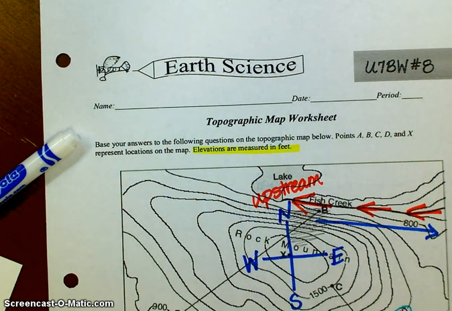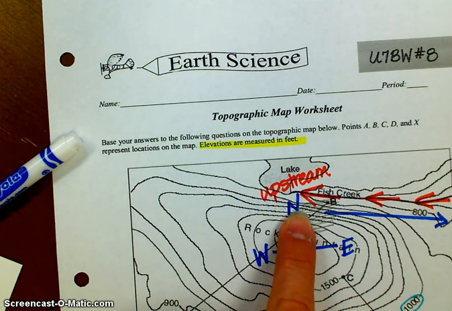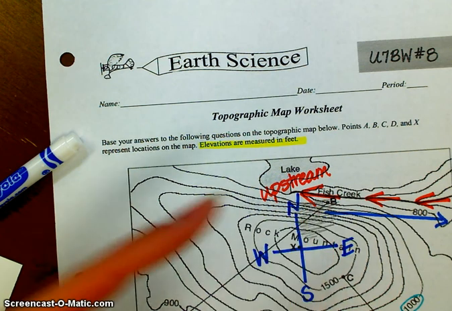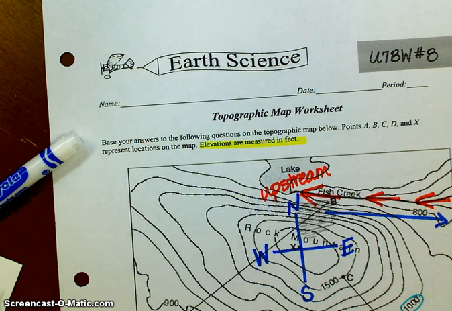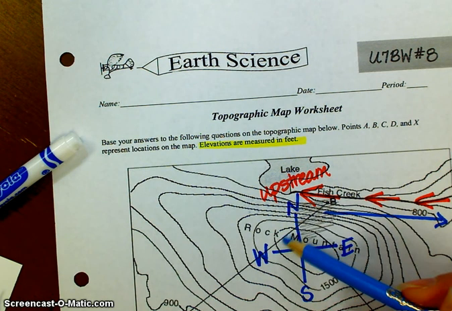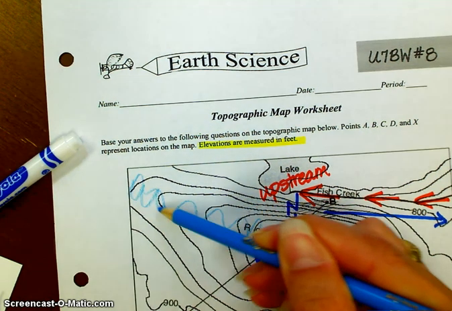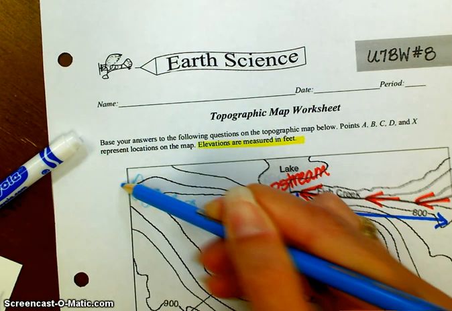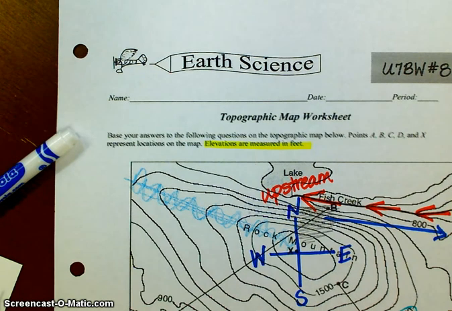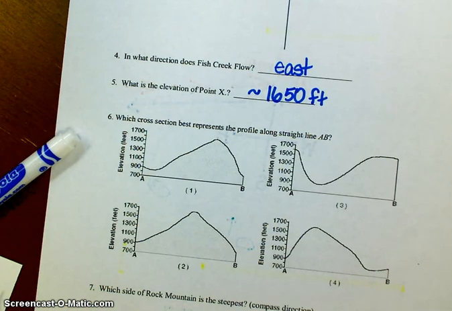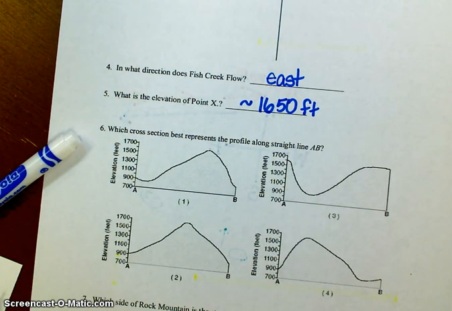So it's going to be steepest, you could say like north or northeast. North, northeast. And my contour lines are furthest apart if I walk this way. And that's kind of northwest. So that's the answer to the last 2 questions, 7 and 8.